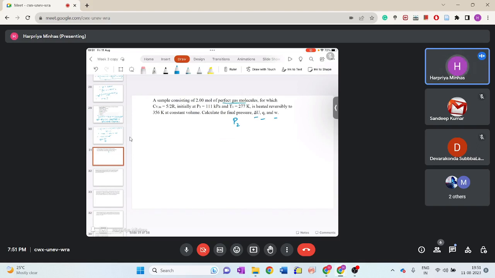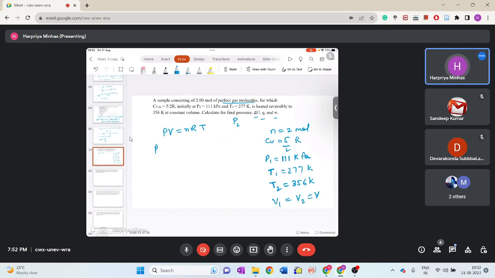So there is a perfect gas molecule, that means it follows PV equals nRT, right? So what we are having, n equals 2 mole and CV is equal to 5 by 2 R, P1 equals 111 kilopascal, T1 equals 277, where volume is constant, that is V1 equals V2, that is equal to V. So it's ideal gas.